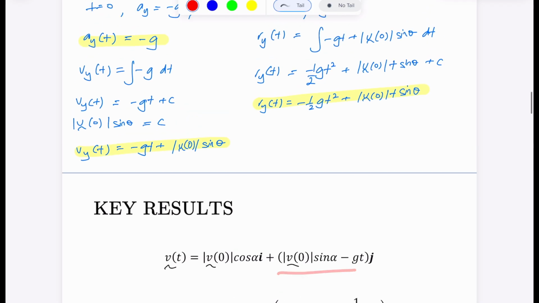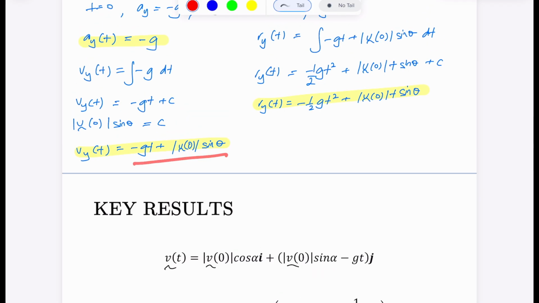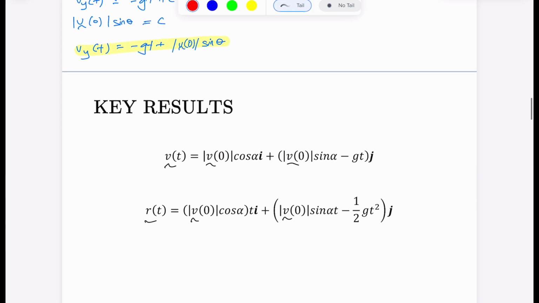And this is just the vertical velocity that we derived with a j unit vector stuck on to indicate that this is in the vertical direction. So put together, this is the velocity vector function at any time for our projectile that's launched from flat ground.